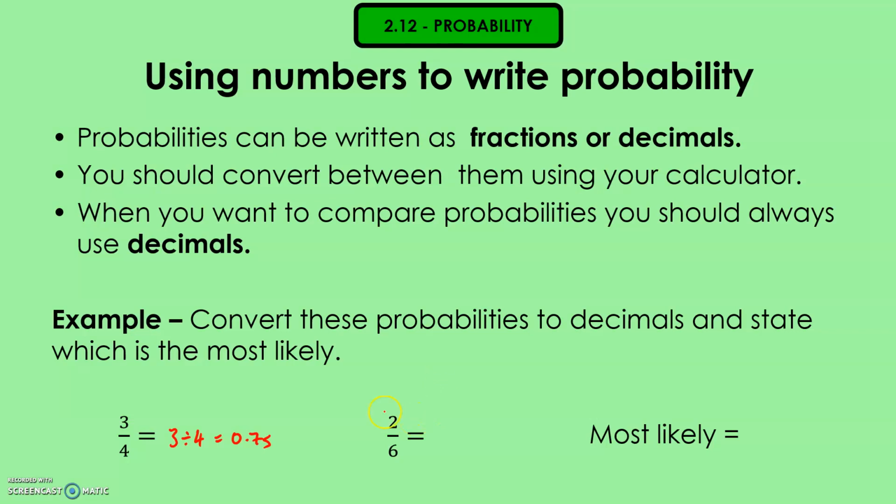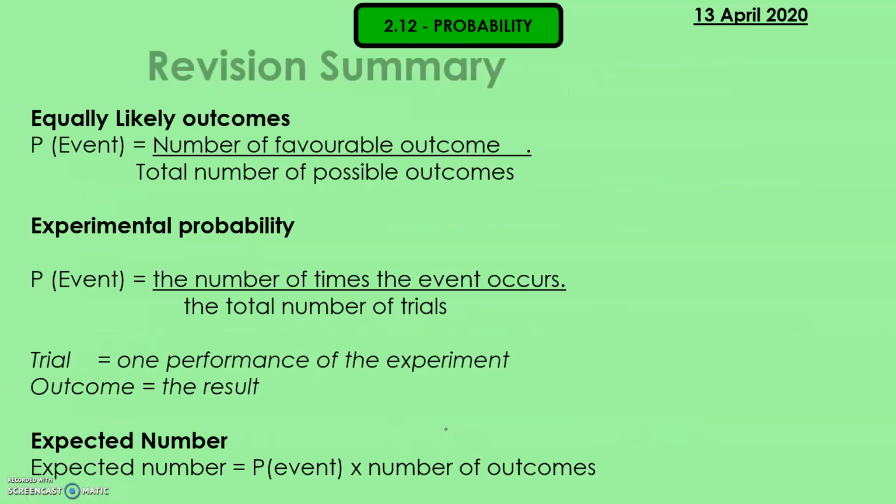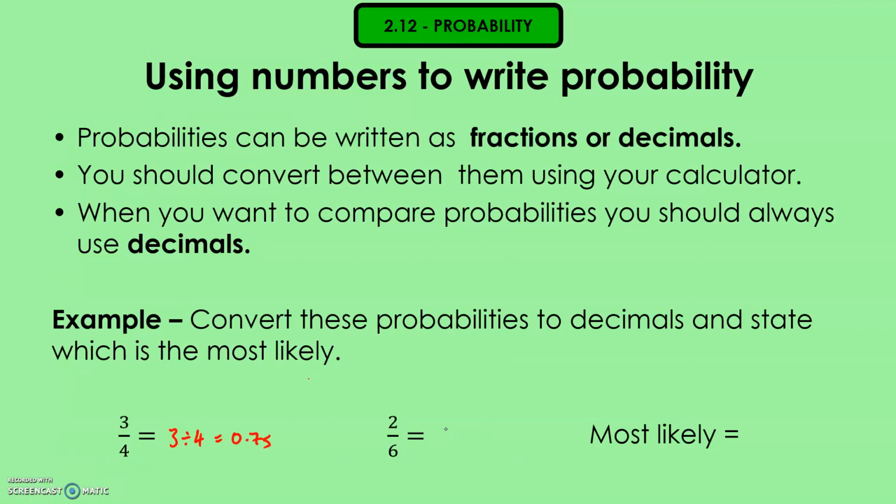With our second one, it's 2 divided by 6, which is 0.333 recurring. If you're rounding, you could round it to 0.333 and write it as 3dp. It's much more accurate to use the recurring dot.